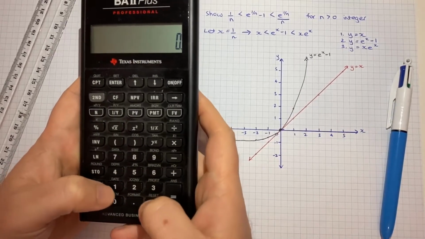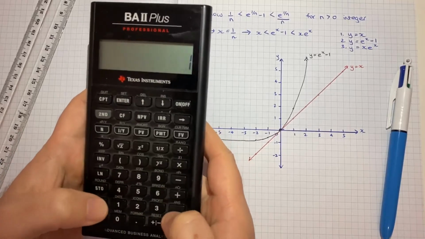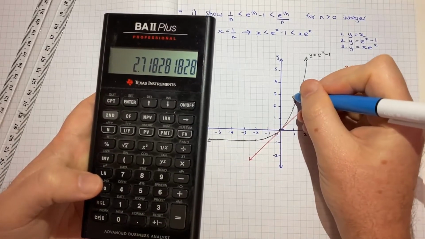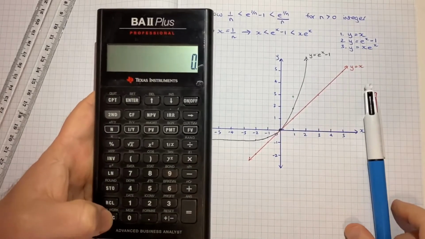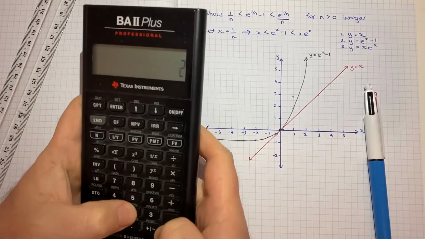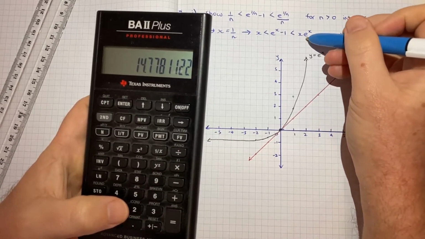When x is 1, we'll go e to the 1 times 1 is 2.7, about there. When x is 2, e to the 2 times 2 is 14, so even further off the chart.